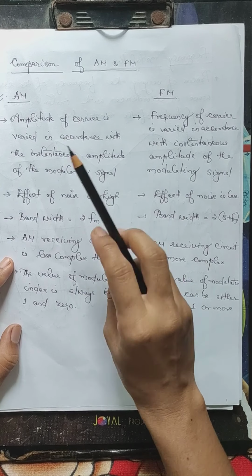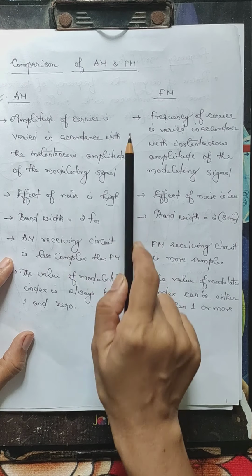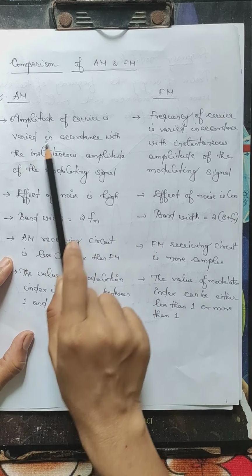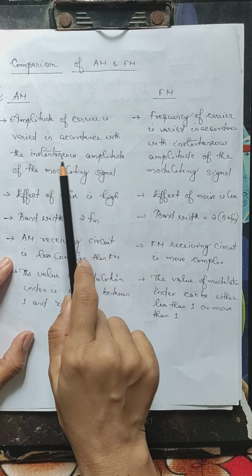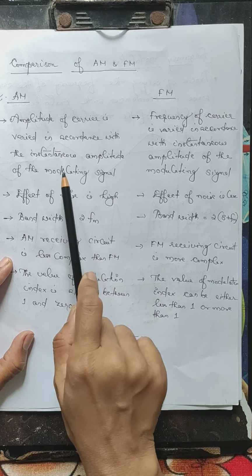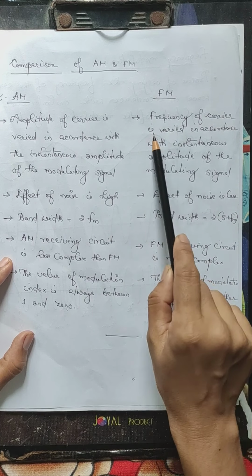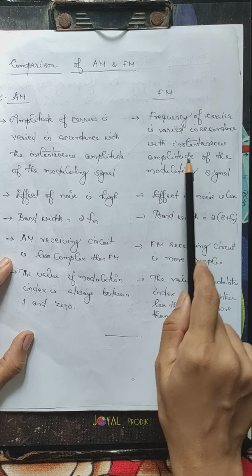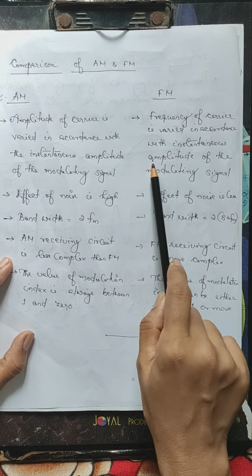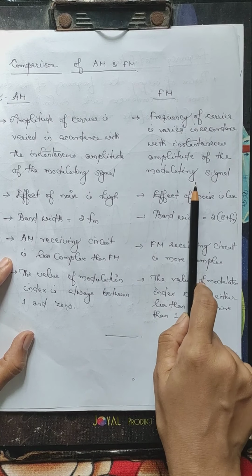Amplitude modulation is the variation of amplitude of the carrier in accordance with the instantaneous amplitude of the modulating signal, whereas frequency modulation is the variation of frequency of the carrier in accordance with the instantaneous amplitude of the modulating signal.